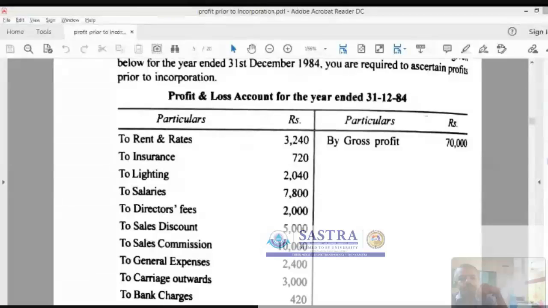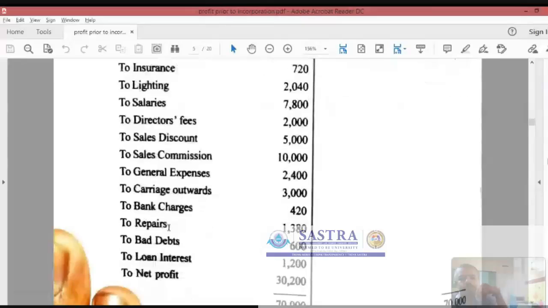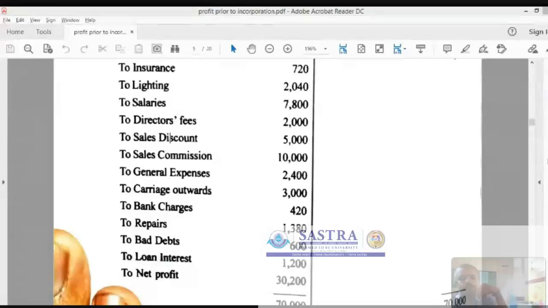Carriage outwards, which means goods delivery cost. Carriage outwards basically means delivery transportation expenses, so it is related to sales. When the sales increase, the carriage is going to be high. When the sales decrease, the carriage expenses will be less. So carriage outwards is going to be sales ratio.